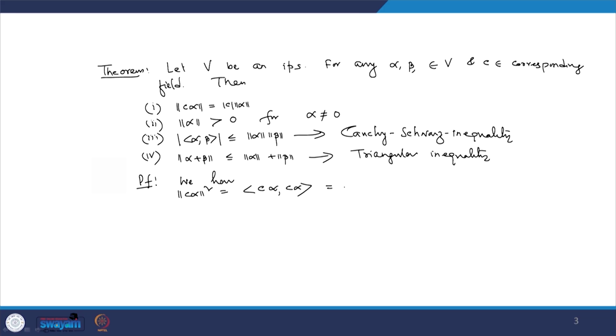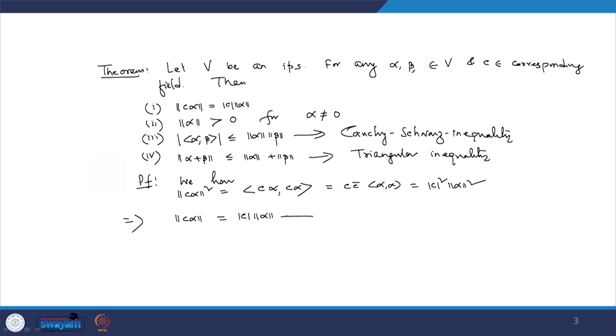So this is equal to c into c bar into inner product of alpha, alpha. This is equal to mod c whole square into norm of alpha square. So this implies norm of c alpha, which is a positive quantity, is mod of c into norm of alpha.